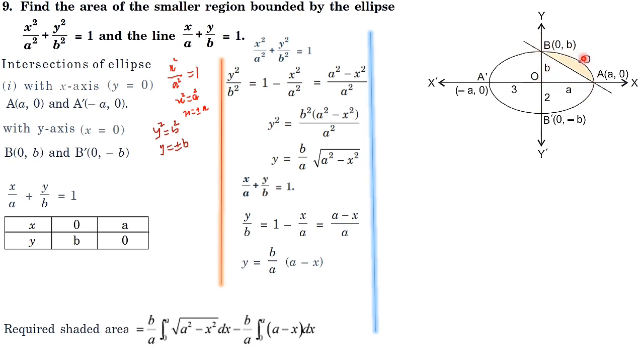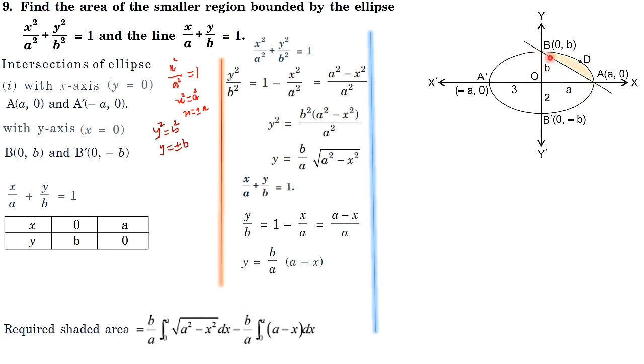Area under this curve means, x-axis limit when we check, starting here the x value is 0 and here it is the ending value a. So integral 0 to a, y dx for the ellipse. The equation we have reduced and calculated y dx. That means b by a is outside, root of a square minus x square is there, dx, minus this triangular portion.